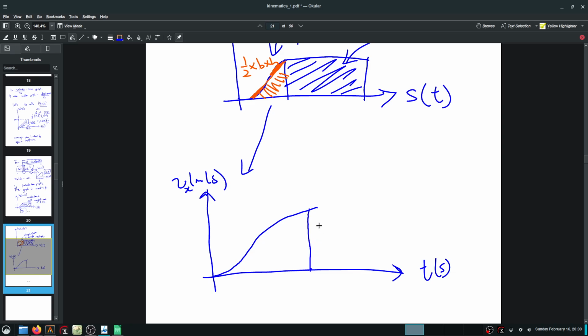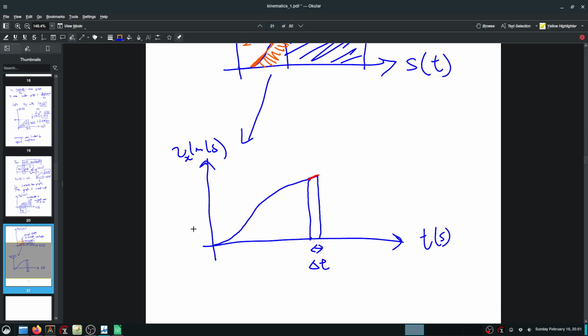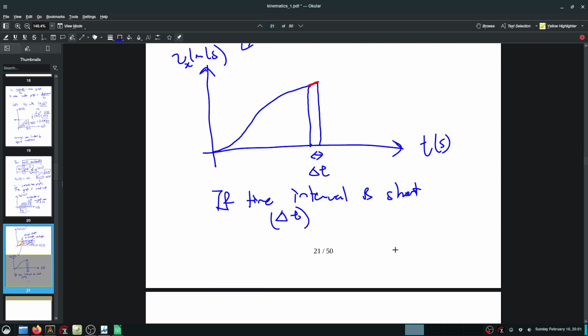So let's say from here to here, if your distance is short enough, this part here is almost a straight line. If your delta t, your time interval, is very short, then there is less curvature.